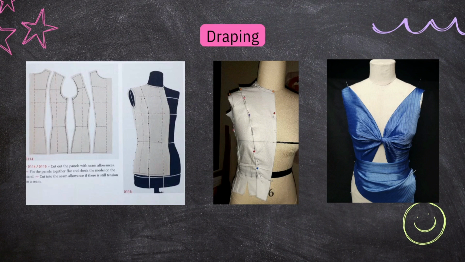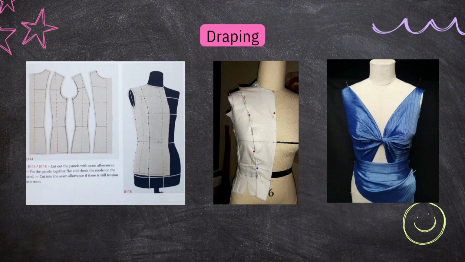When you're done with the draping, a paper copy of the muslin is used as the final pattern, or your template, which is used to cut. Some fine tuning is done to it, like maybe adding seam allowance, and then it is used to cut the final fabric.